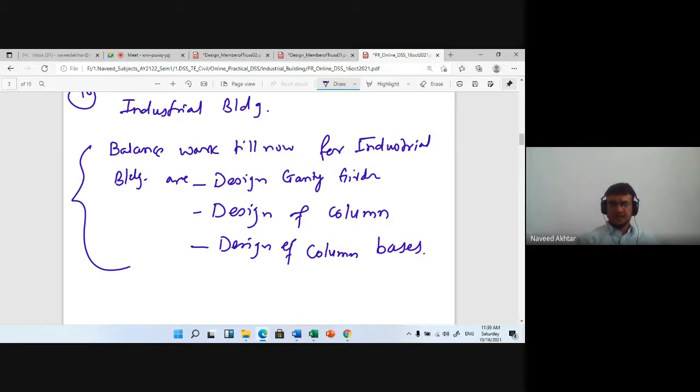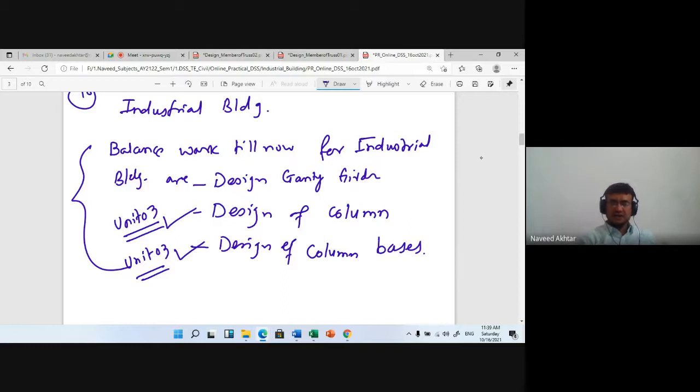And also in that, the design of column for axial load and bending moment is already covered in unit number 3. Design of column bases is covered in unit number 3 as well.